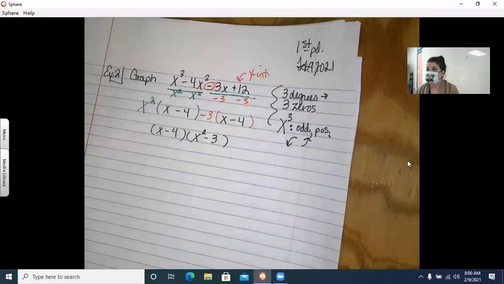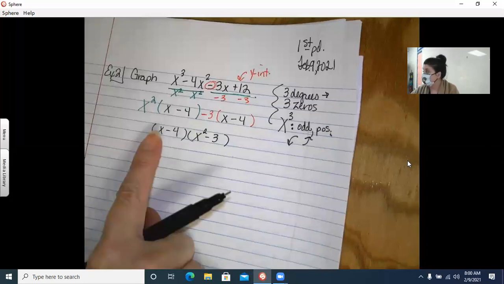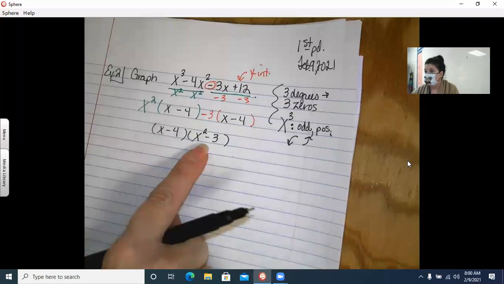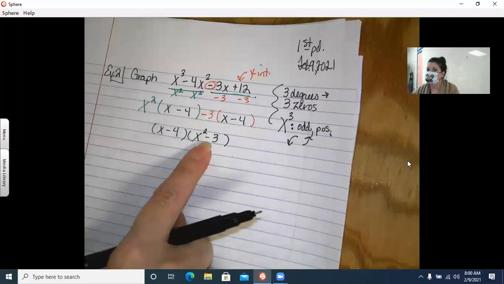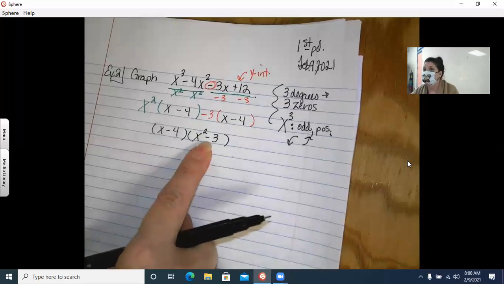Do either of those two sets of parentheses have a GCF? No. X minus 4, I can set that equal to 0 and solve for x. X squared minus 3, because I'm missing the linear term. It's not like it's x squared plus x minus 3. When you're missing a linear term, you can set that equal to 0 and solve for x.